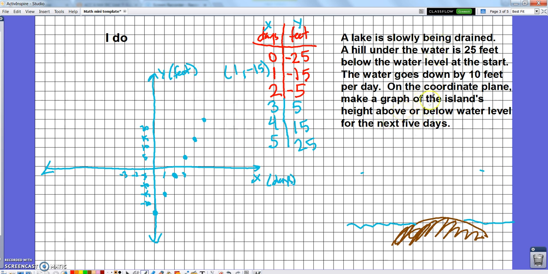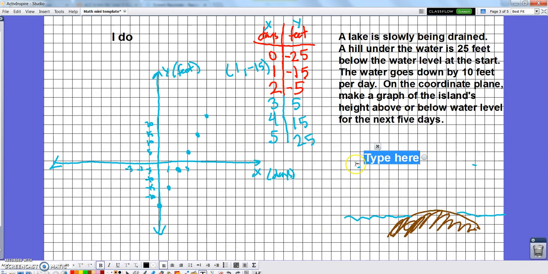But the lake existed before this draining started, so there might be a question like, oh, by the way, 4 days before all of this, the mound was 28 feet below water level. Maybe it had rained a lot and the lake was kind of high.